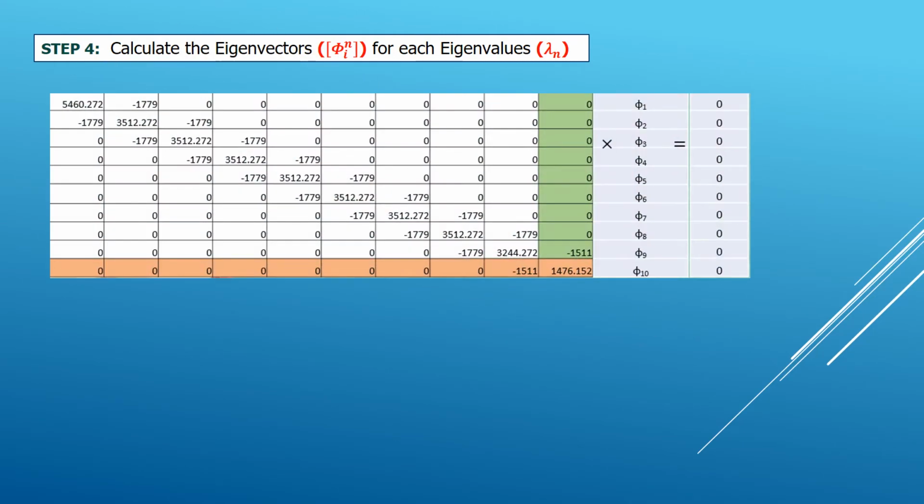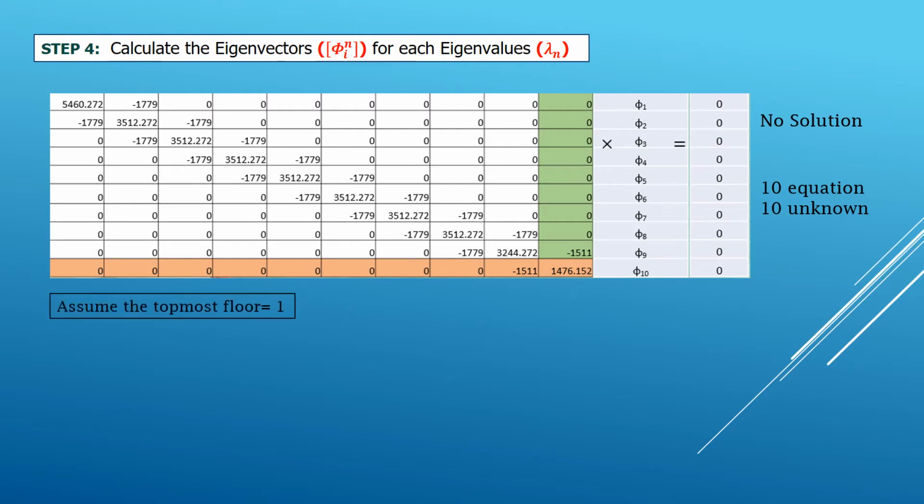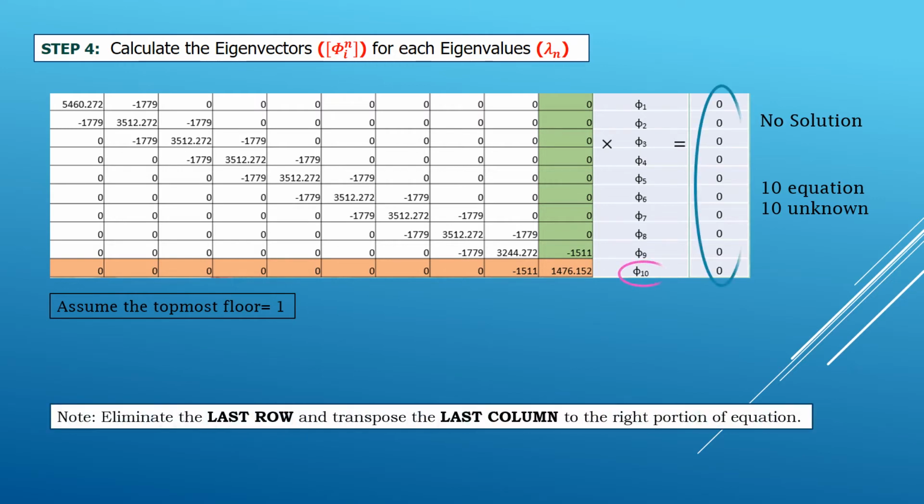Tapos, itong equation or itong result na ito, i-multiply natin sa eigenvectors. Pero, no solution kahit merong 10 equation and 10 unknowns. Ang gawin is, i-equate natin ang last mode to 1 at eliminate ang last row and then transpose the last column to the right portion. Ang negative values ay magiging positive.